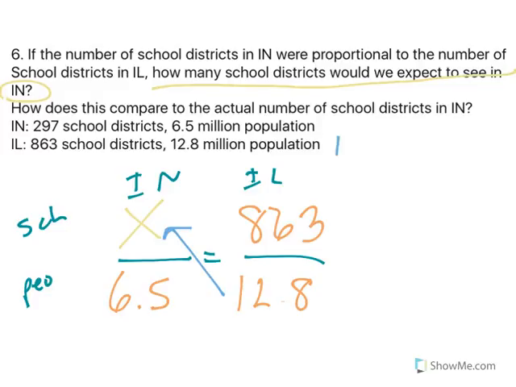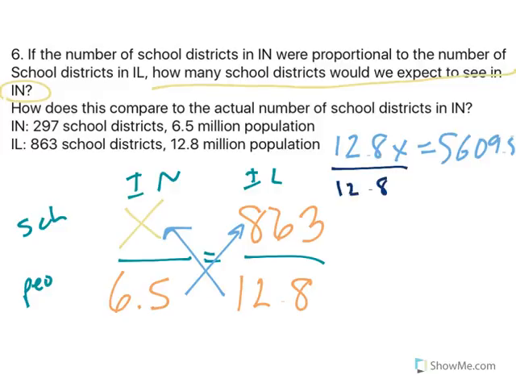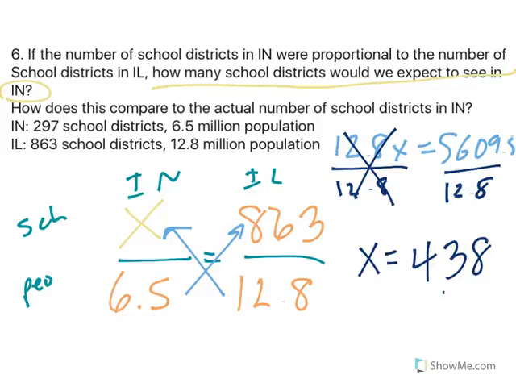So I cross multiply. 12.8x equals, I multiply the other way, and I get 5,609.5. I divide both sides of my equal sign by 12.8, and if Indiana was like Illinois, it would have roughly 438 school districts.